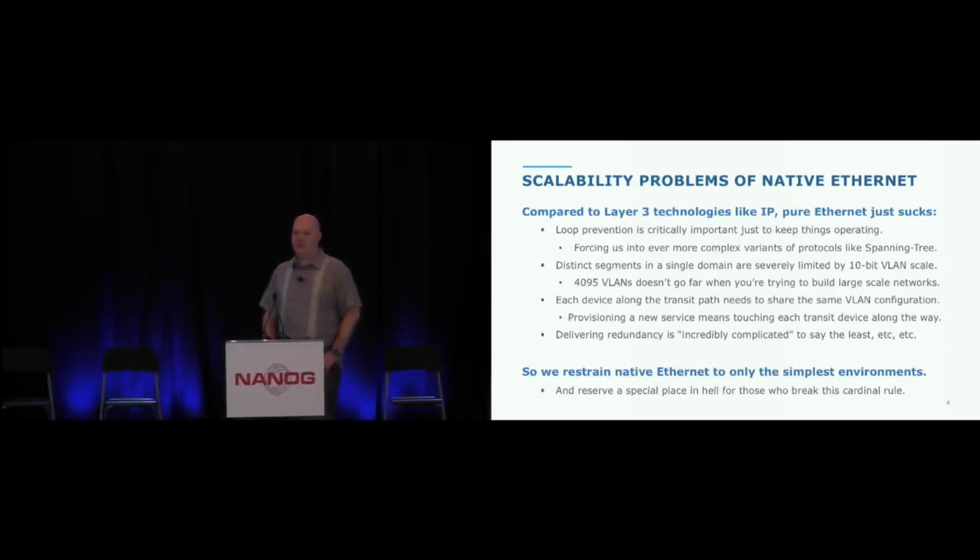So if you had 5 routers connecting point A to point Z, you have to touch every single thing in the middle. To provision VLANs, there used to be all kinds of hideous protocols that would signal between the devices, and it caused nothing but problems. And any kind of mechanism to do redundancy in a pure native Ethernet, pure layer 2 environment is just terrible. I mean, there's no good mechanism whatsoever for this.